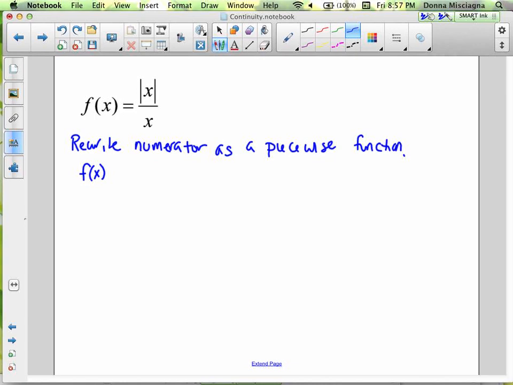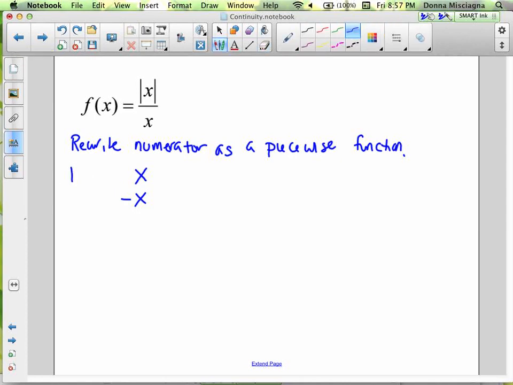It's not very difficult to rewrite that. We have x for the positive, and then we have negative x. There's not much to that, because that's all we have in the absolute value bars.